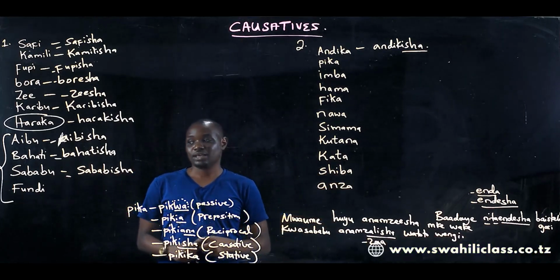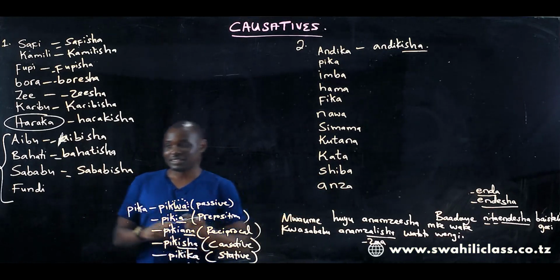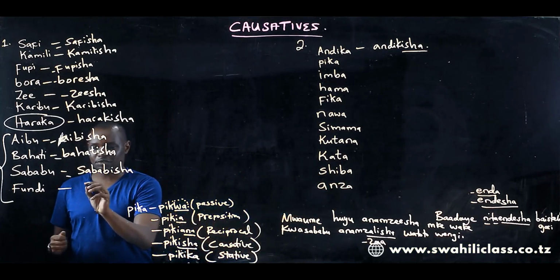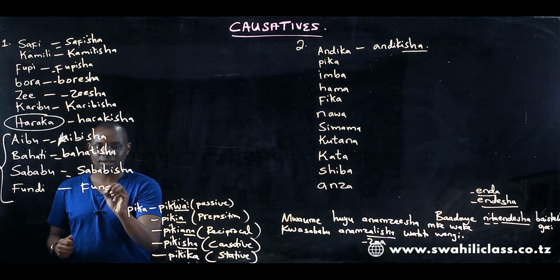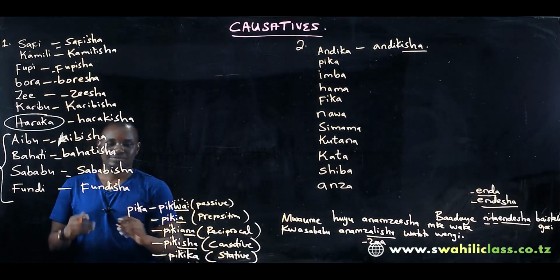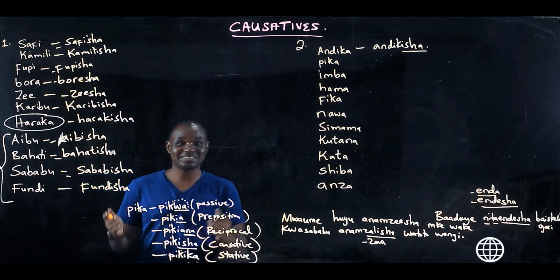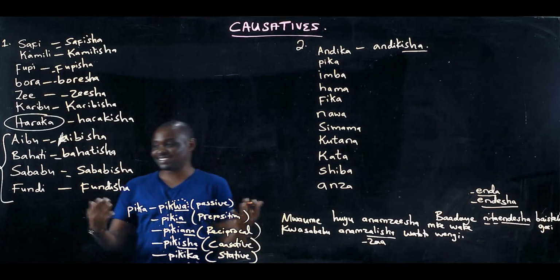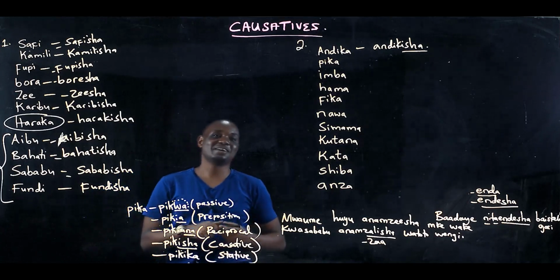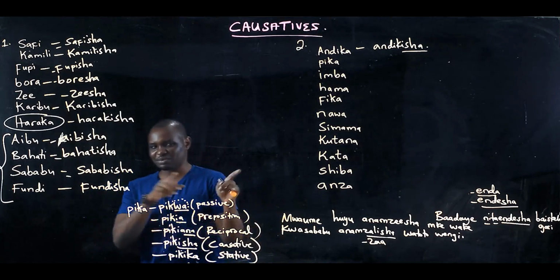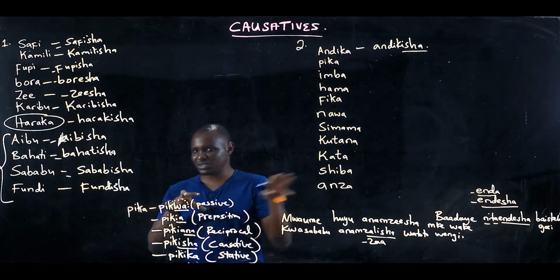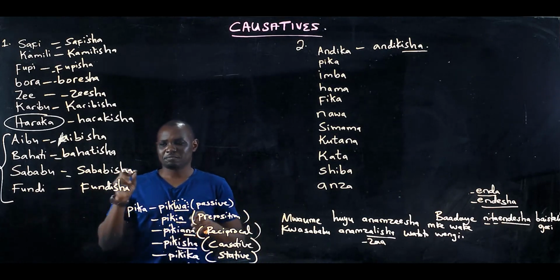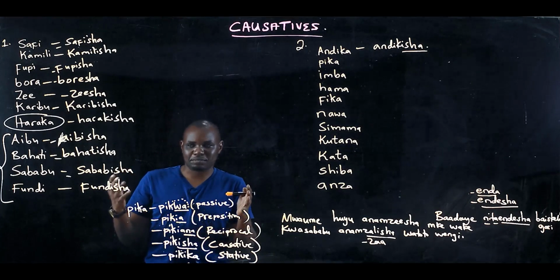So make it causative: the causative will be fundisha. What is fundisha? Fundisha is to teach. You knew fundisha, but you didn't know fundi, someone. I know you knew it, but those other students didn't know. So fundi is an expert person.